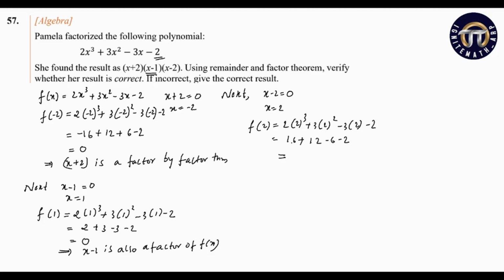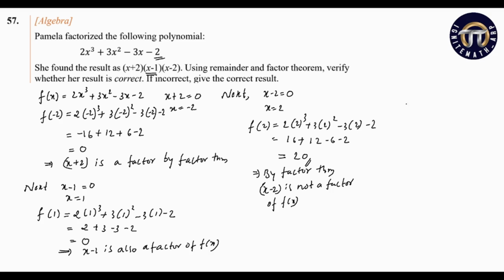So here what I get is 28 minus 8, that is 20. Since I am not getting 0 by the factor theorem, I can say that the expression x minus 2 is not a factor of f of x. Now my responsibility is to find the other factor.